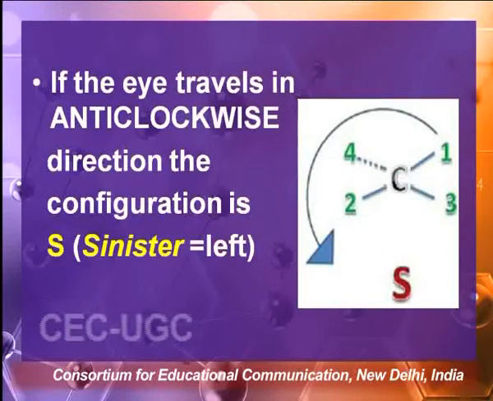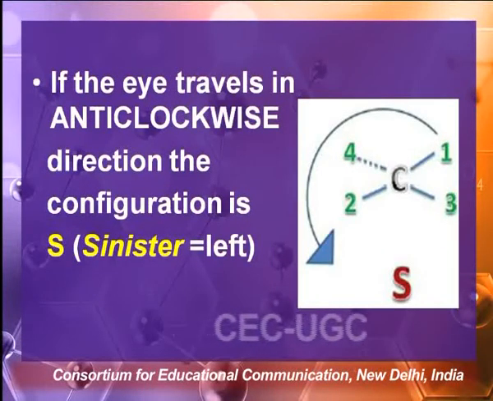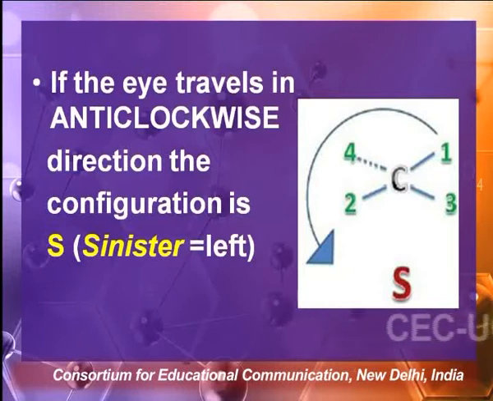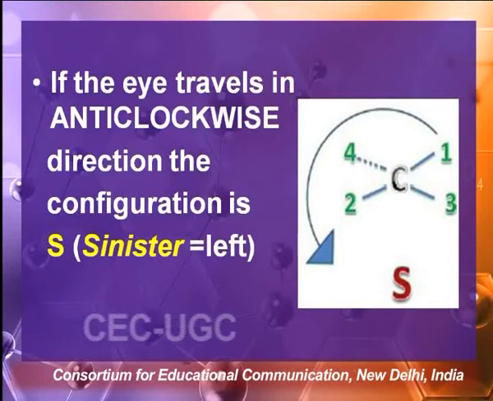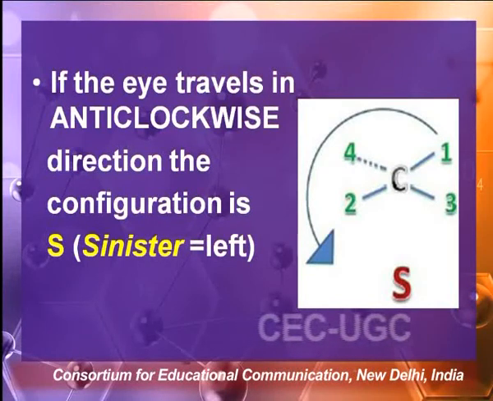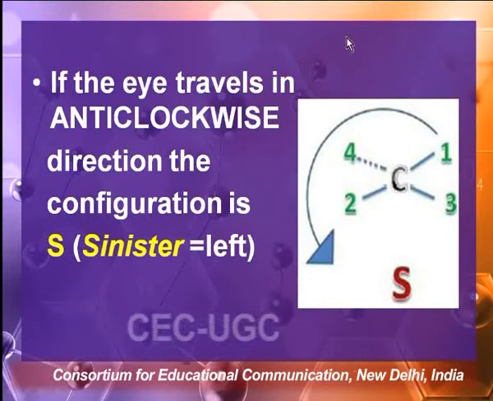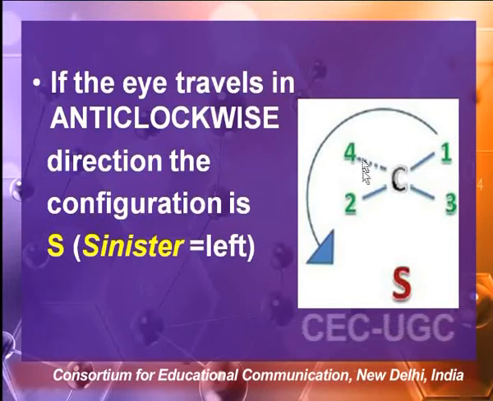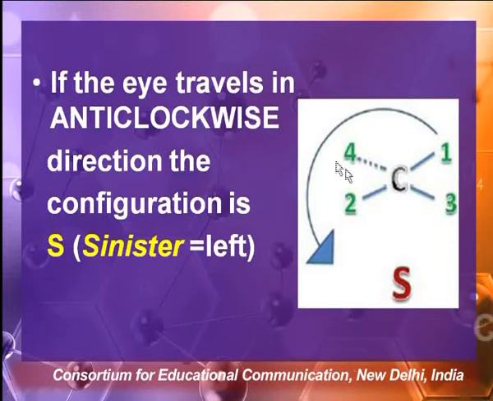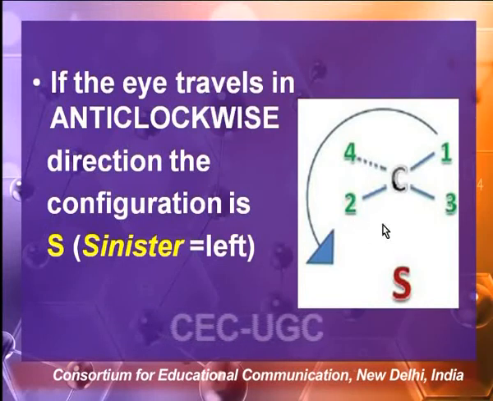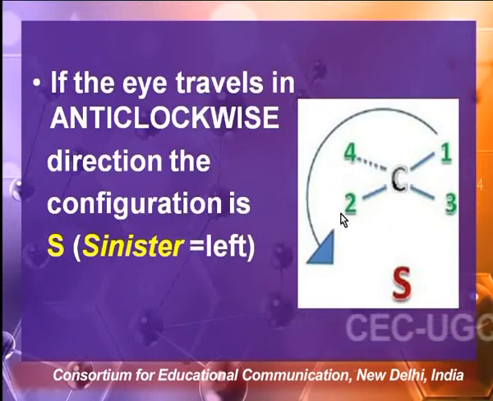Now the second thing that we can have is that if we look at the arrangement of the atoms on the basis of their atomic numbers, and our eye travels in anti-clockwise direction from the group having highest priority to the lowest priority, that is 1, 2 to 3, and we are ignoring 4 here because it is away from the observer, we find that the direction of rotation here is anti-clockwise.